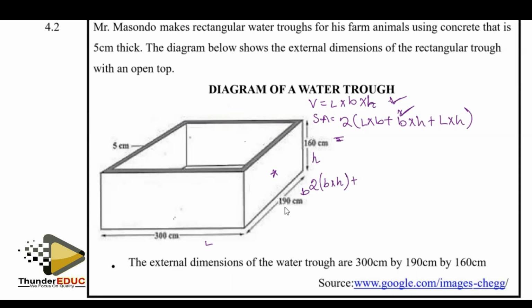So it means it's 2 into L times height. Plus the bottom, which is closed, but the top is not there. So it will be L times B. That's if they ask you for the surface area of an open one. Why? The part here is missing, it's not there.